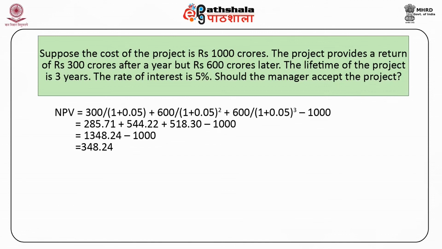NPV is equal to 300 divided by 1 plus 0.05 plus 600 divided by 1 plus 0.05 to the power 2 plus 600 divided by 1 plus 0.05 to the power 3 minus 1000, that is equal to 285.71 plus 554.22 plus 518.30 minus 1000, that is equal to 1348.24 minus 1000, which is finally equal to 348.24.